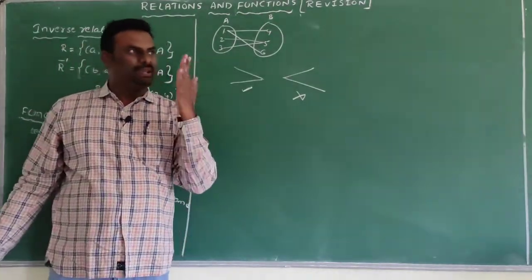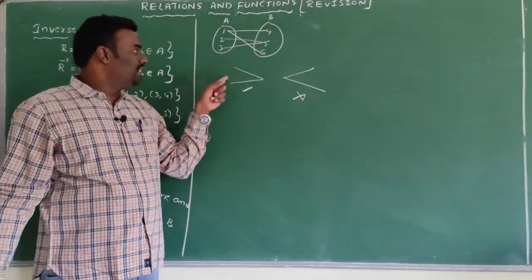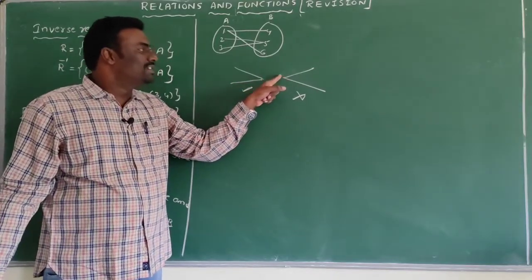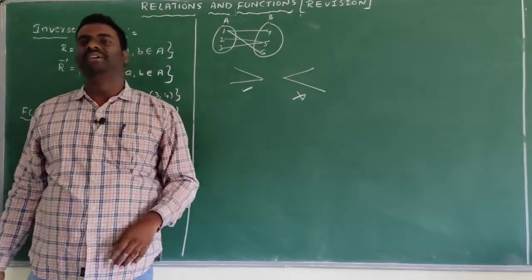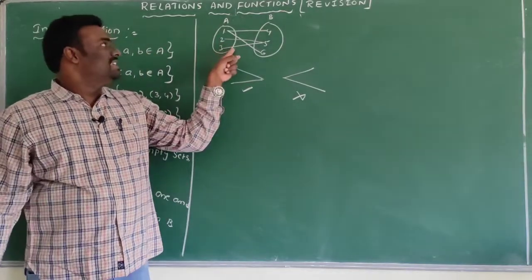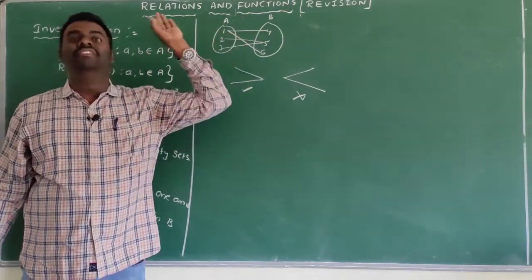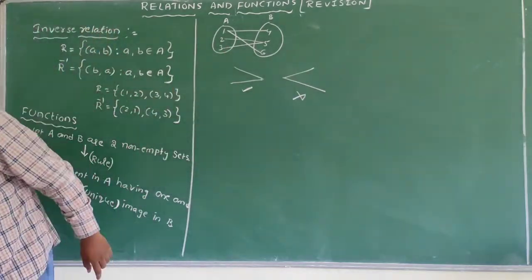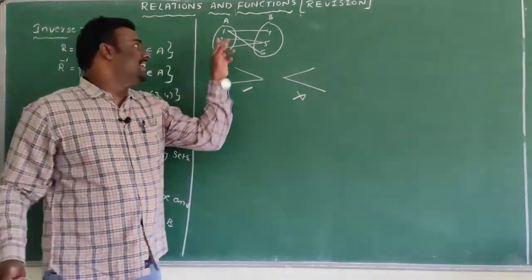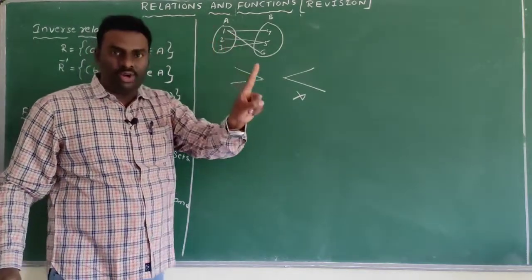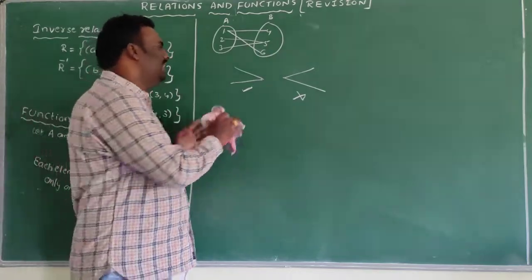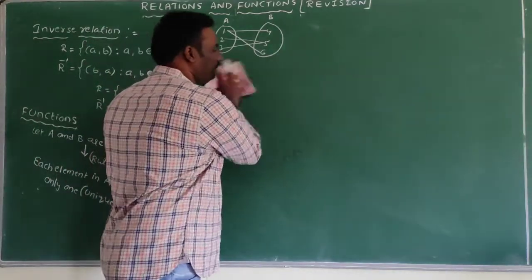If you keep a mirror, so here for 2 different elements having single image is possible, but a single person not having 2 images, that is not possible. That's why this is not considered as a function. Okay, so finally the definition of function is every element in set A having one and only one image in set B.